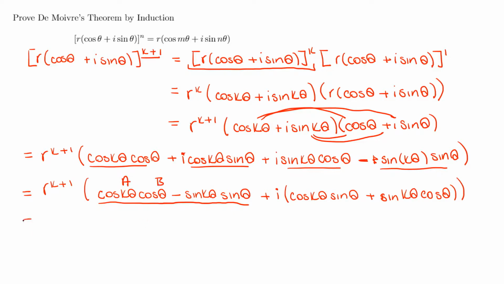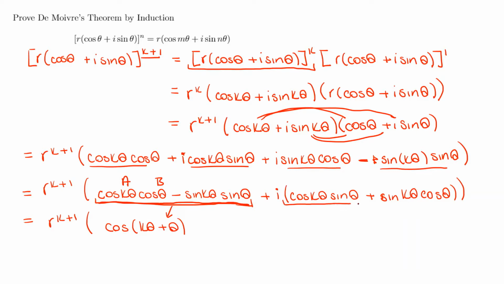So we can go ahead and substitute that in, and we're going to get cos of k theta plus theta. So our log tables tell us we can rewrite all of this as just cos of k theta plus theta.